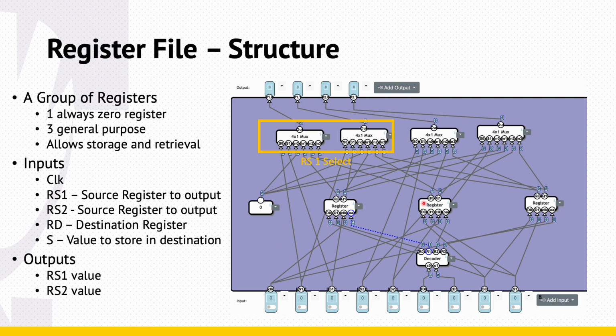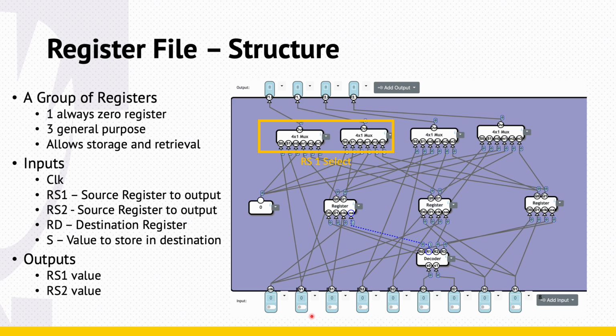But then we have 3 regular registers that we have access to. So we have one special register that's always 0, and then we have 3 normal registers. So if I want to select this register to output its value into RS1, then I would have to put in the value 1 for the 0 bit and 0 for the next significant bit. Notice the least significant bit is on the left, which is a little confusing, but it helps the wiring work out nice.